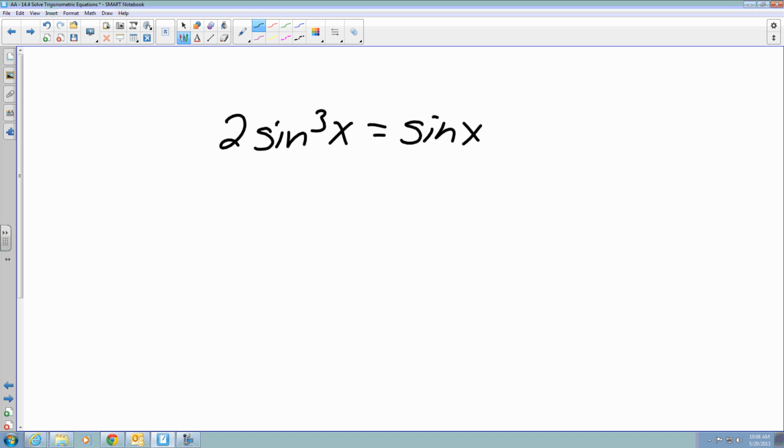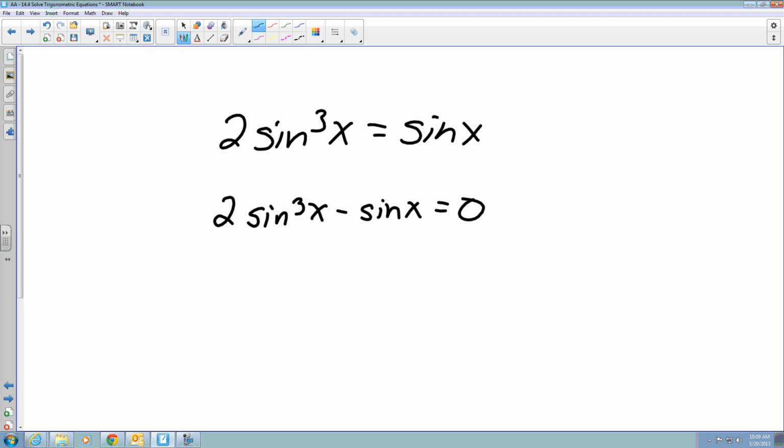So from here, we want to get one side of our equal sign equal to 0. So I'm going to subtract sine from both sides. So I'm left with 2 sine cubed x minus sine x equals 0. So from here, I have a common trig function of the sine of x.